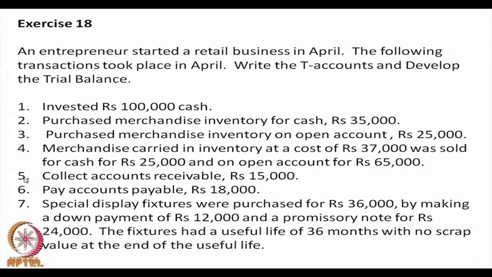Next we come to transaction 5. This is to collect accounts receivable of rupees 15,000. Accounts receivable, this is an asset. So, if we collect this amount, accounts receivable will decrease and cash will increase, because we are getting this amount in the form of cash.